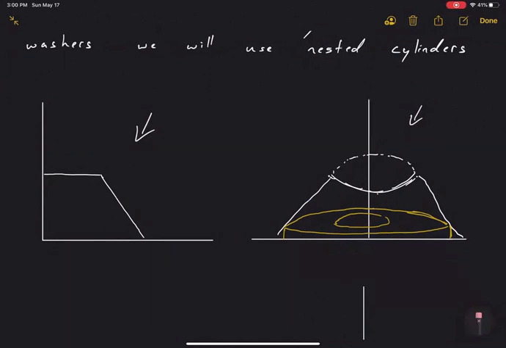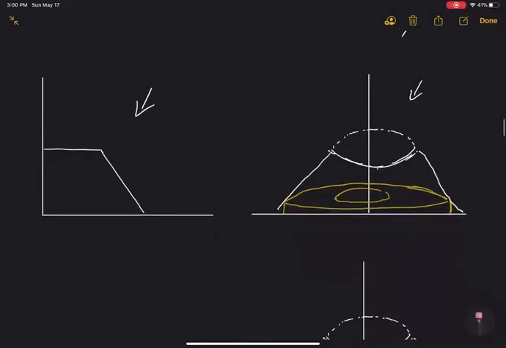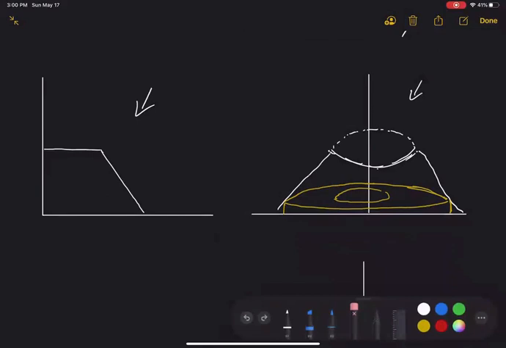Let's make it short and fat, this yellow cylinder inside my object. That captures a little bit of the volume of my object. The good thing about these cylinders is that their volumes are easy to find.